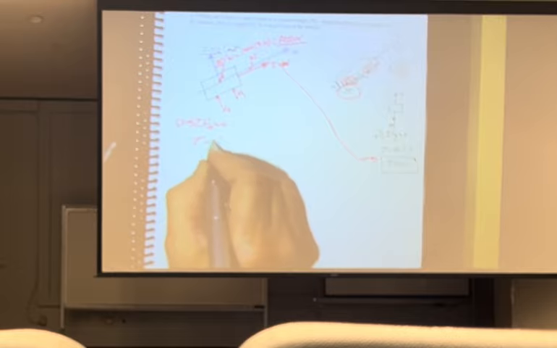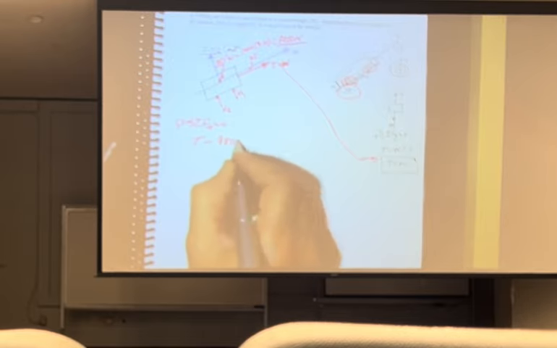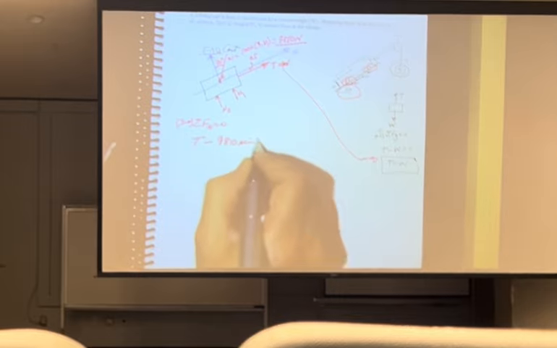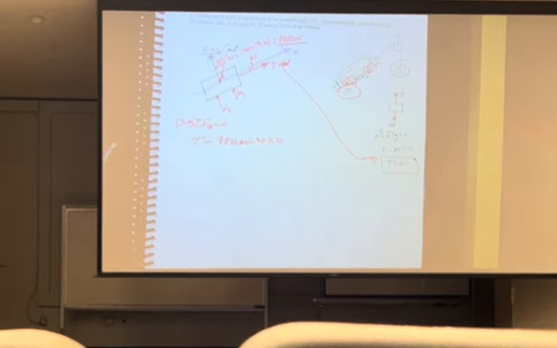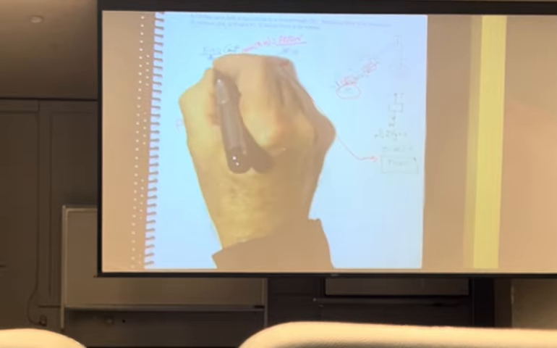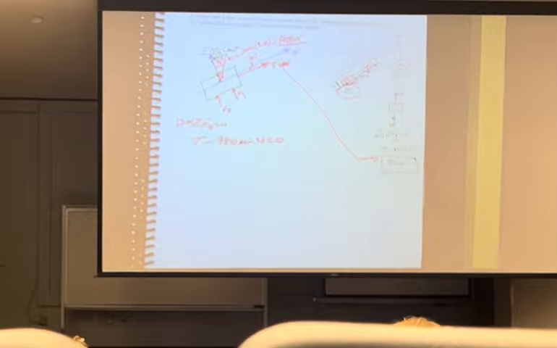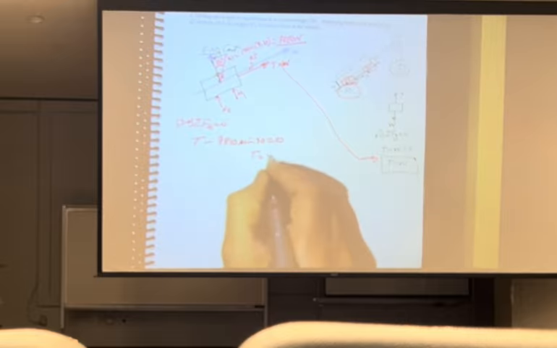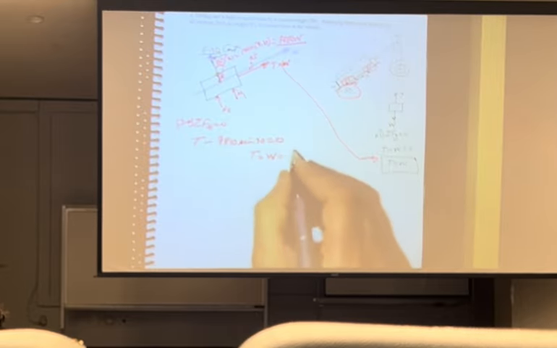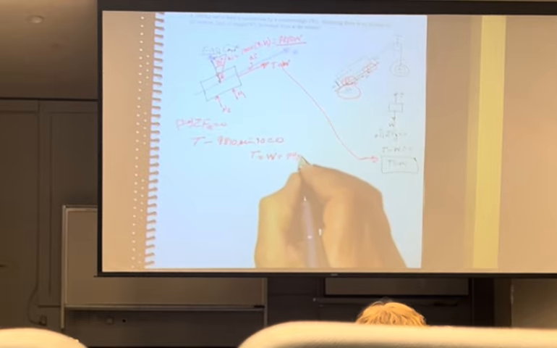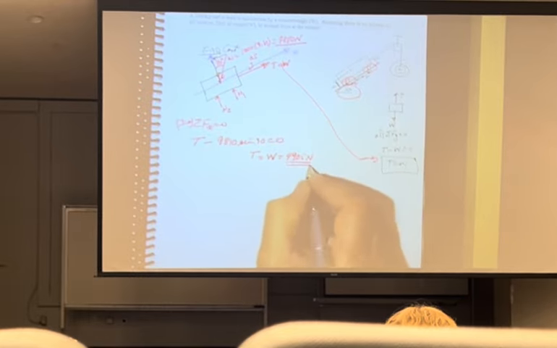T minus 9810 sine 30 equals 0. This has a component in the X and a component in the Y. That T, which equals W, is equal to 4905 newtons.